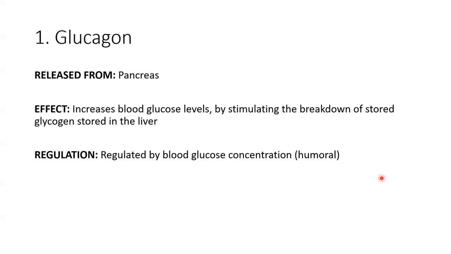As a result, the liver will release glucose into the blood, and with glucose being formed in other ways, our blood glucose levels will rise quite rapidly. If blood glucose levels continue to rise, the release of glucagon is inhibited. So it is a humoral method of hormone release.